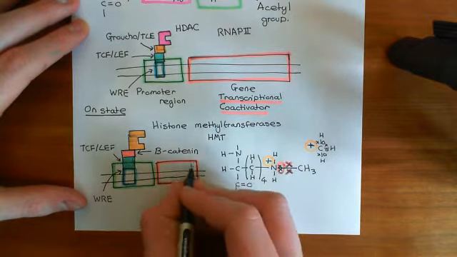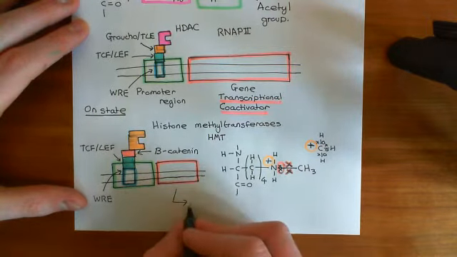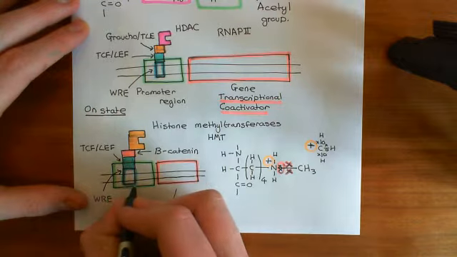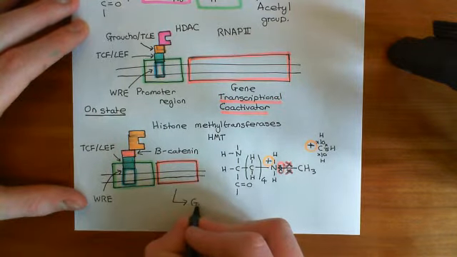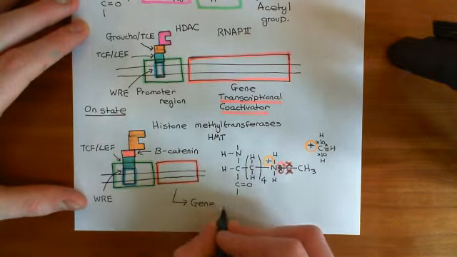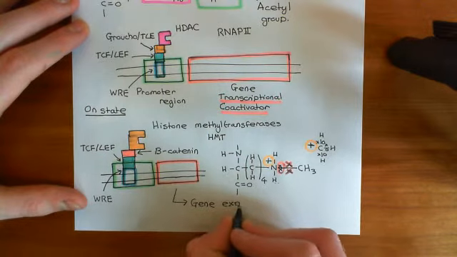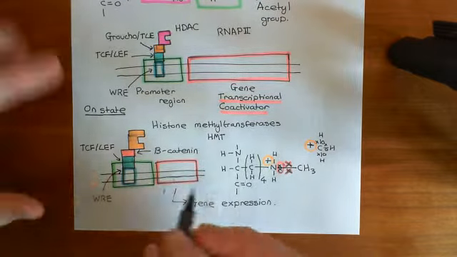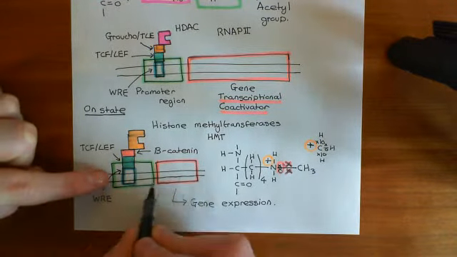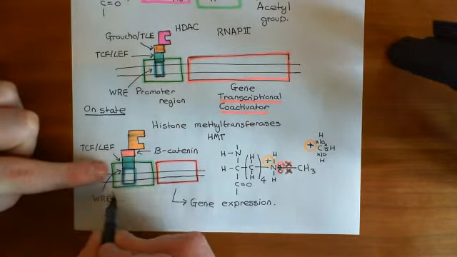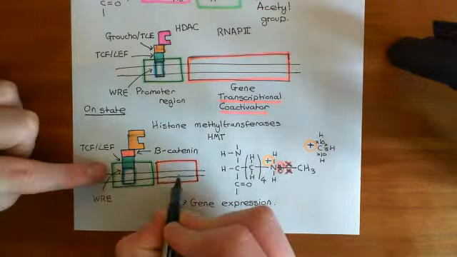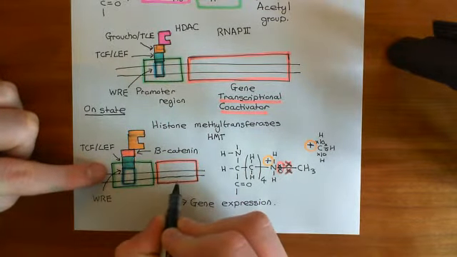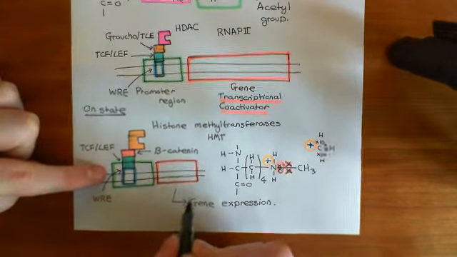All of these genes with Wnt response elements are going to be expressed in cells which are being stimulated with Wnt. But they're not going to be expressed in cells that are not being stimulated with Wnt. So it is the activation of these genes with Wnt response elements in their promoter regions which maintains these intestinal stem cells as stem cells.